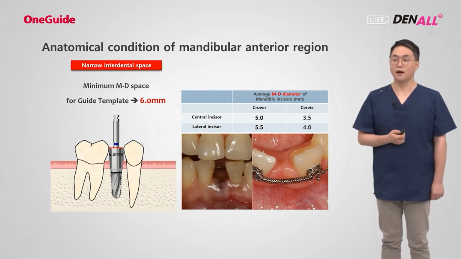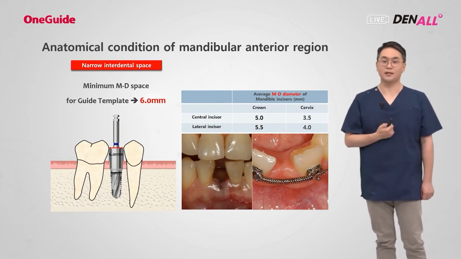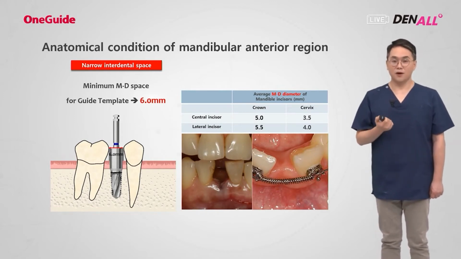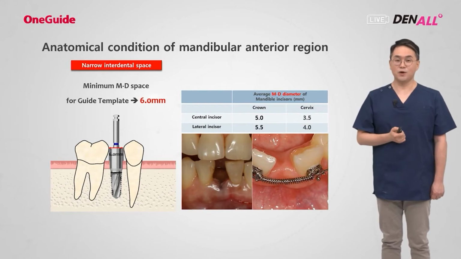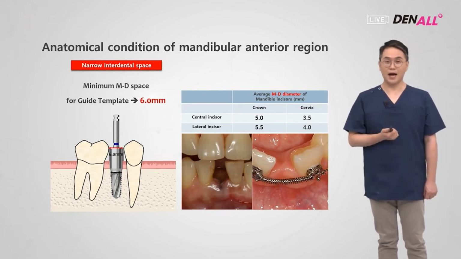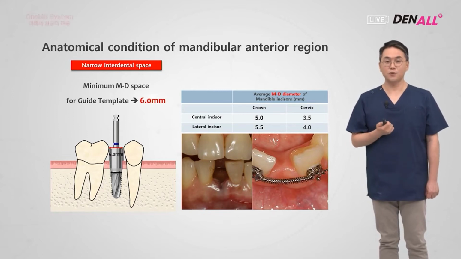But in a single missing tooth, that would not be possible. What to do? So Osstem created a kit to overcome this narrow ridge. In case the mesial-distal distance is narrow, to enable guided surgery, we developed a new kit.